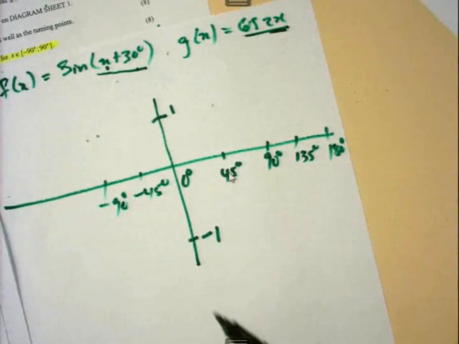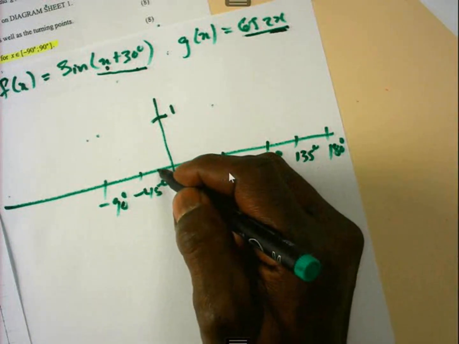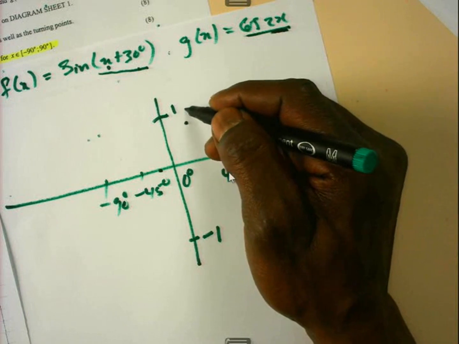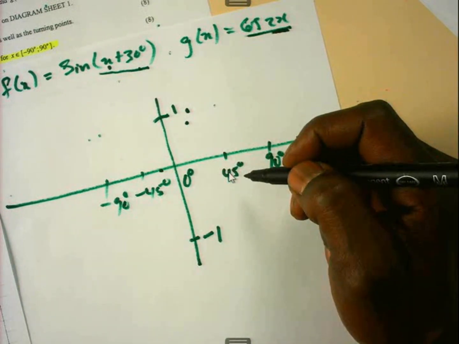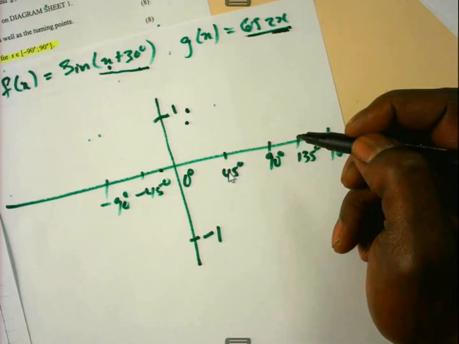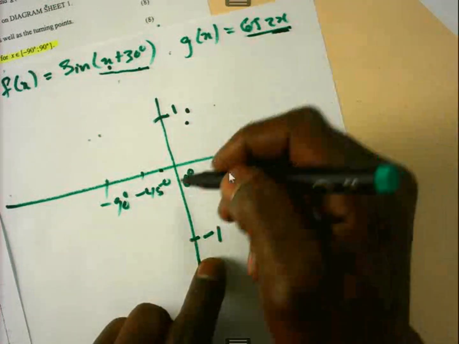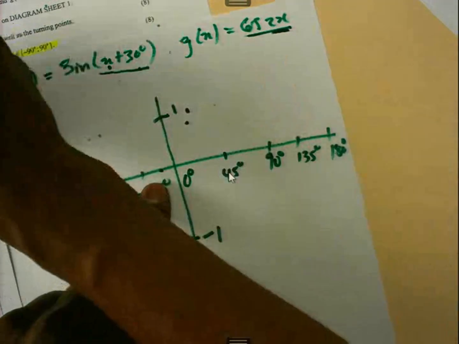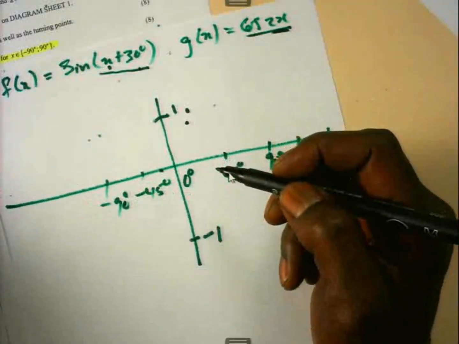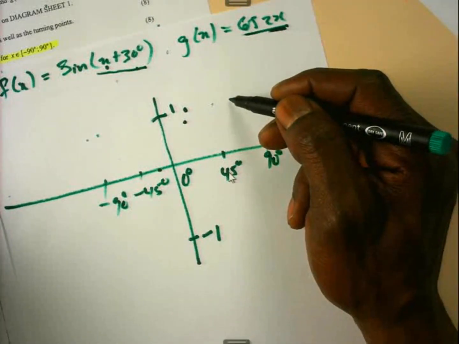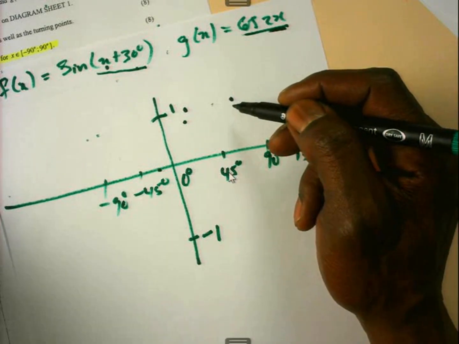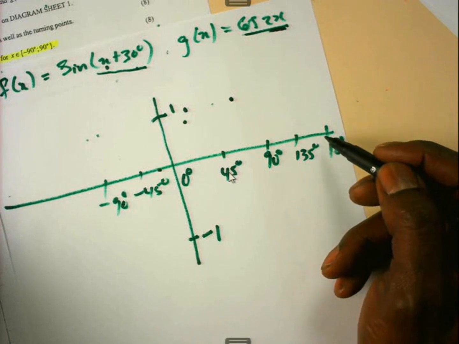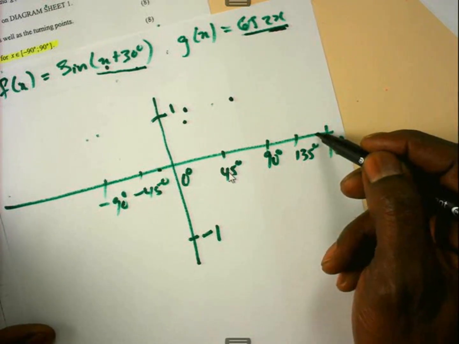So I'm just going to estimate the values there and draw a rough sketch of that. We must go to 90, we must go 30, and then we must go to 60 somewhere there, and then we must go to 150 somewhere there.